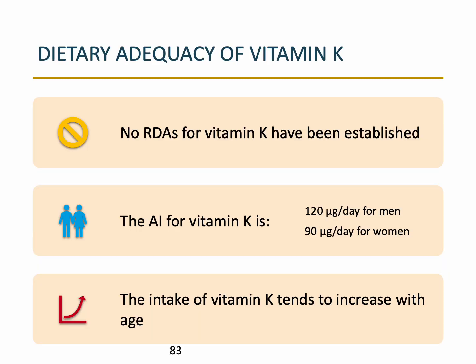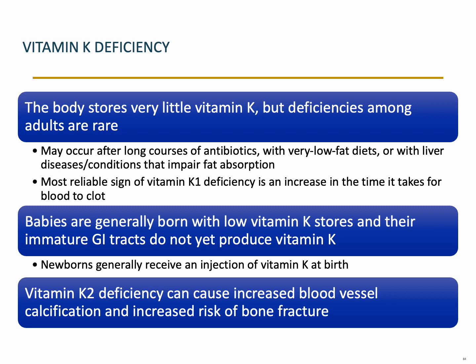So as mentioned before, there is no RDA for vitamin K, but there is an AI. And vitamin K deficiency often can happen when there's a long course of antibiotics, or if you're on very low fat diets.